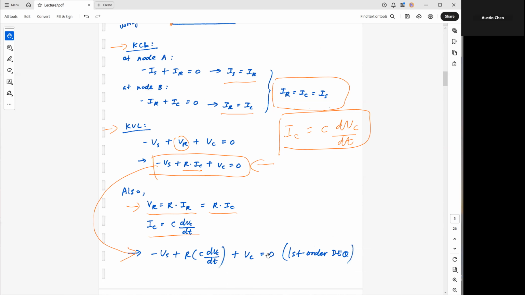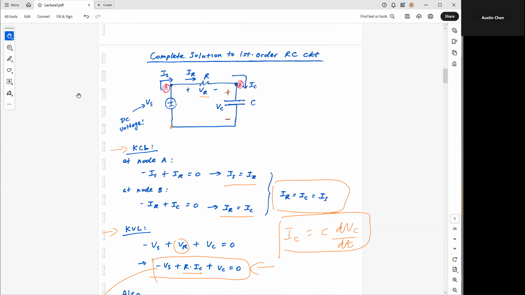And this is equal to 0, and the reason it's equal to 0 is because we just did this KVL. So remember the algebraic sum is set to 0. So this is our simple first order differential equation that we can use to describe the behavior of this simple RC circuit driven by this voltage source.